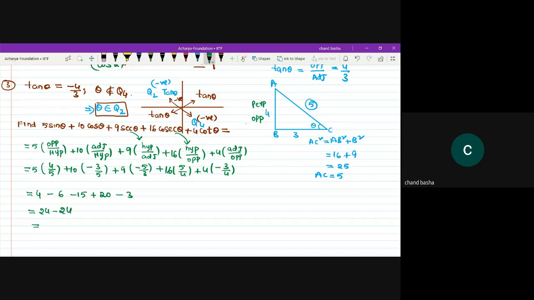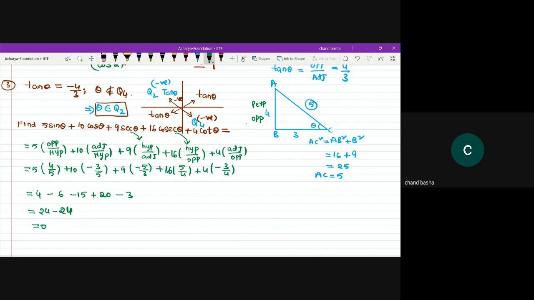The question is very simple, guys, but if you forget the quadrant as I have highlighted, quadrant number 2, except sine and cosec, the rest of the ratios are negative.